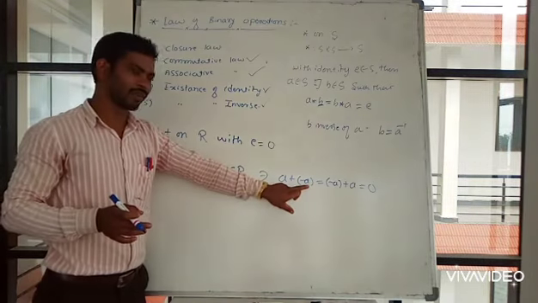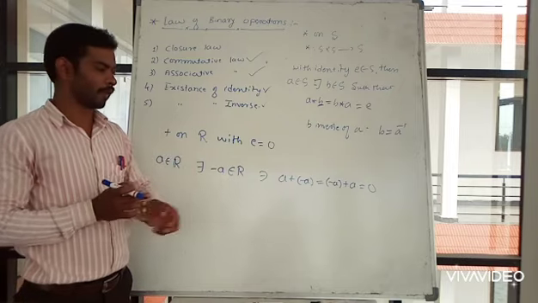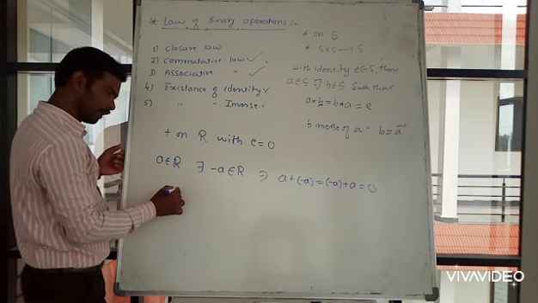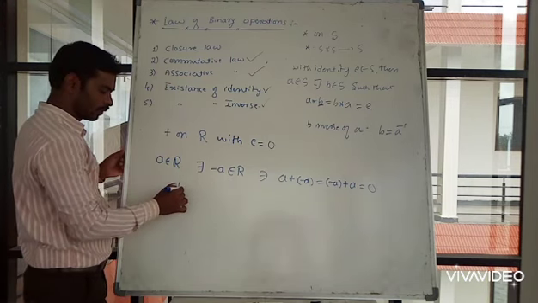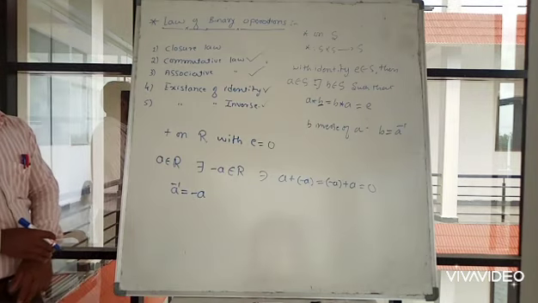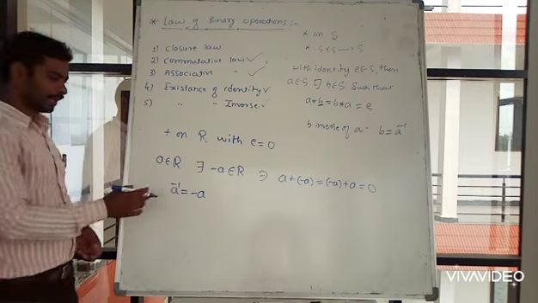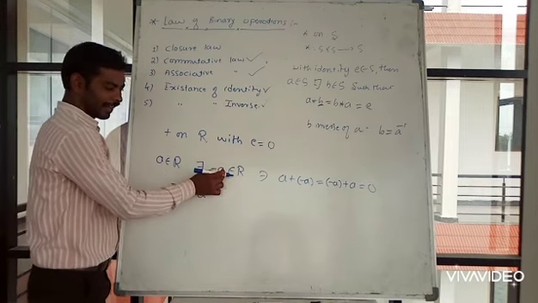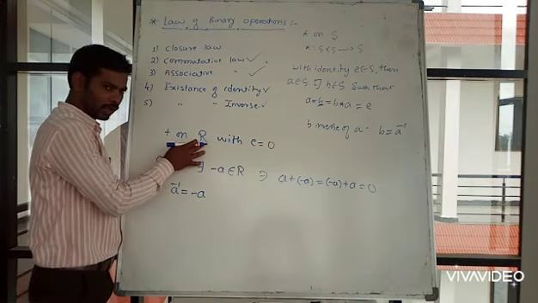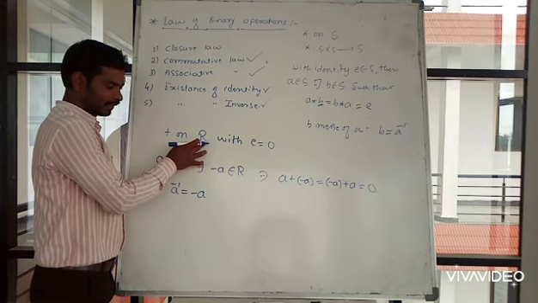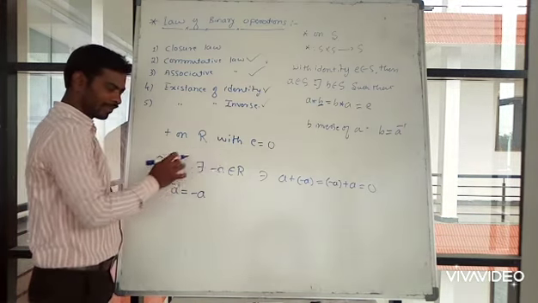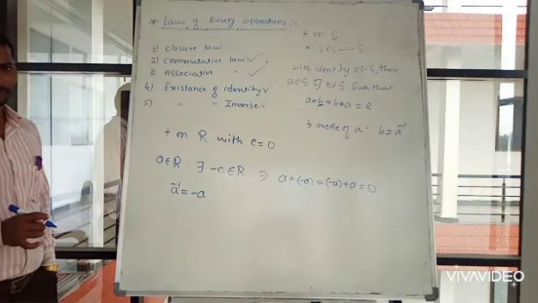Here minus A is called the inverse of the element A, usually denoted by A inverse, which is equal to minus A. This is called the additive inverse, because addition is the binary operation on the set of all real numbers. Therefore, for any real number A, there is always a minus A, and this minus A is called the additive inverse.